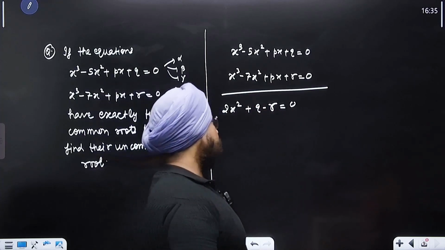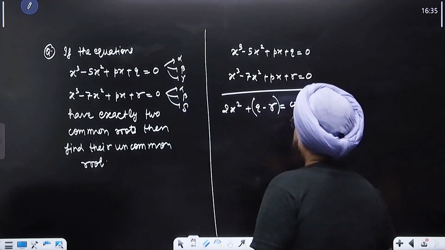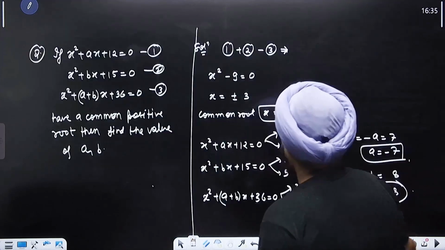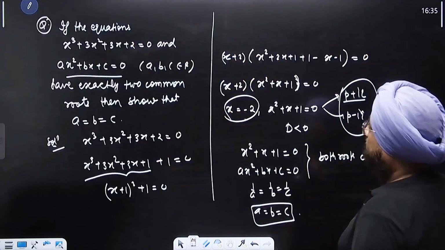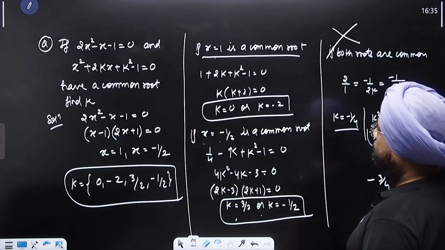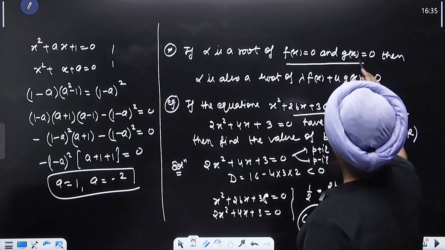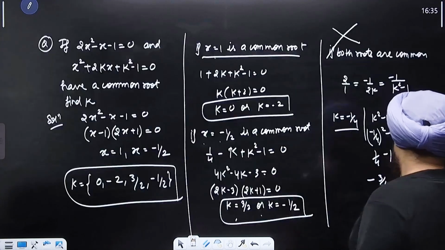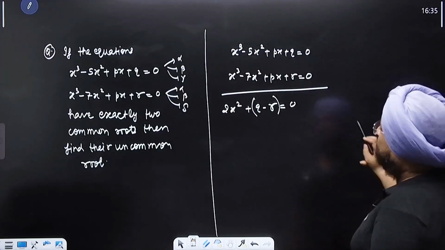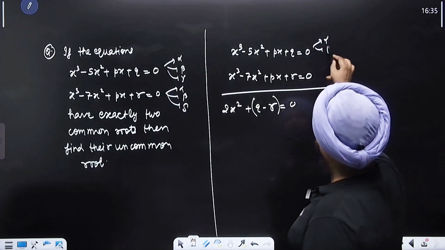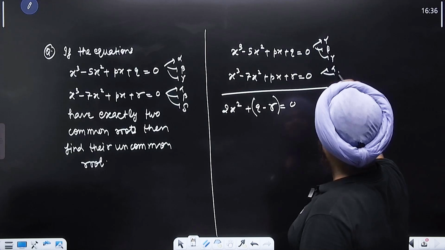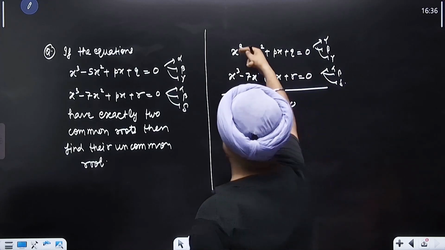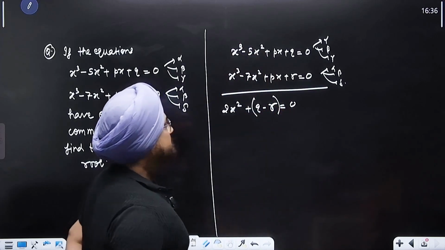Now this has become a quadratic. From the concept that if alpha is a root of f(x) and g(x), then alpha is also a root of λf(x) + μg(x): here alpha and beta are the roots of both equations, so I have subtracted f(x) − g(x).